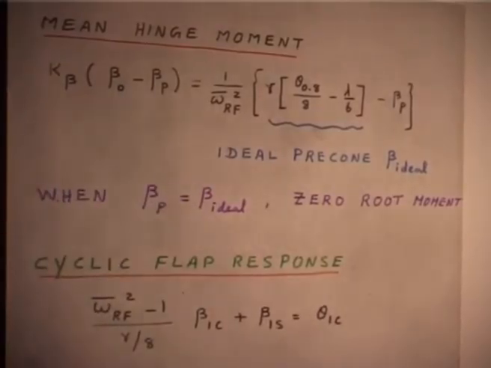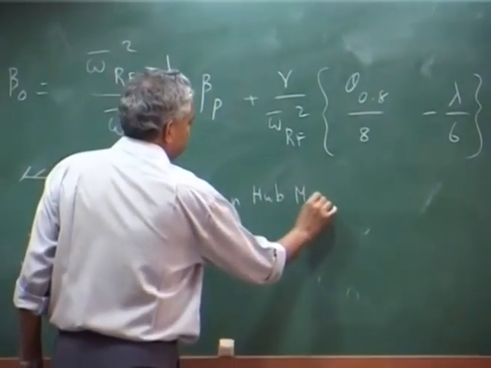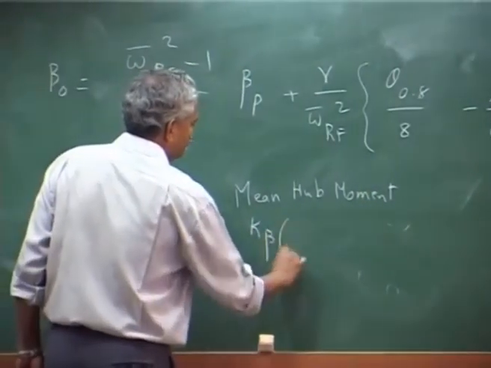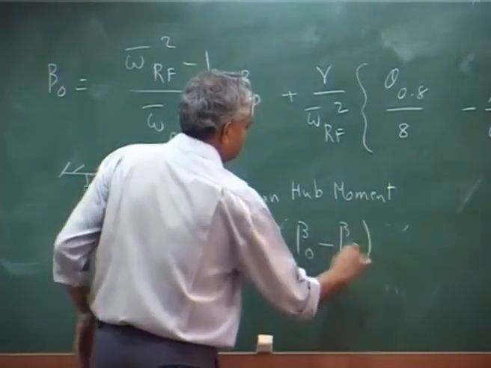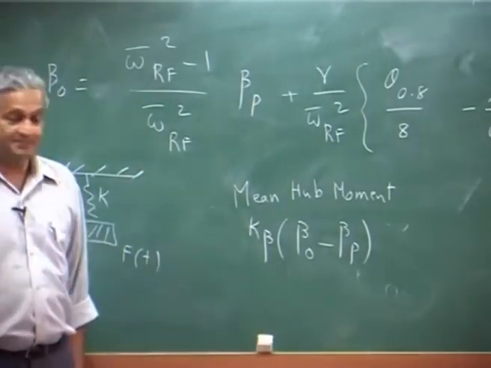Here I am taking only the mean part of it. So, the mean hub moment is k beta into beta naught minus beta p. This is the mean hub moment.